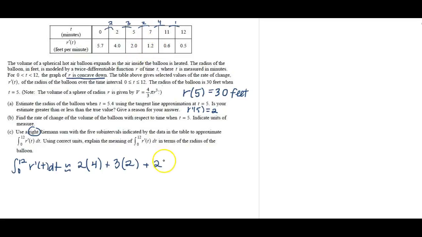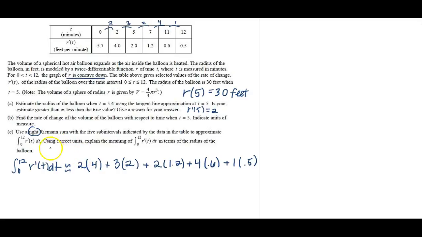The right height is 1.2, plus 4 times the right height is 0.6, and then plus finally 1 times 0.5. So again, I had to do each one separately because the delta x was not the same. And again, AP free response, I don't need to simplify. This is my answer, at least to the first part.